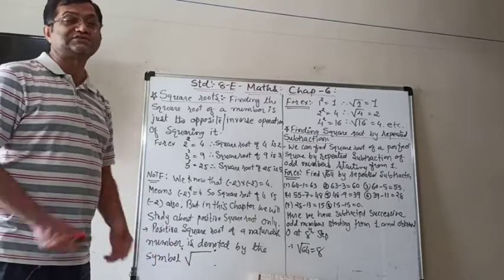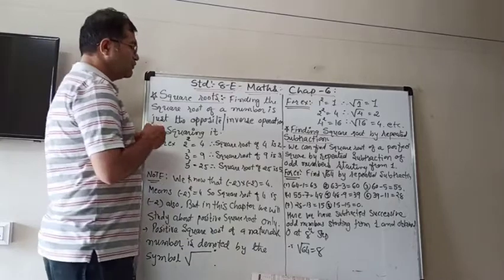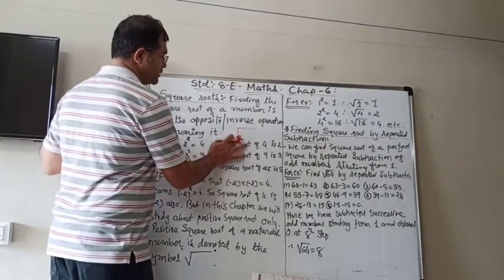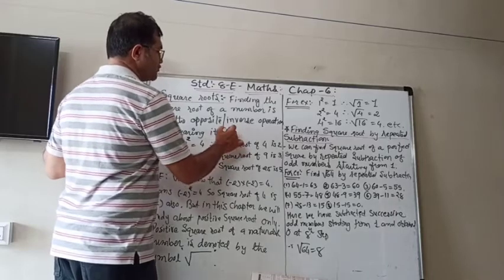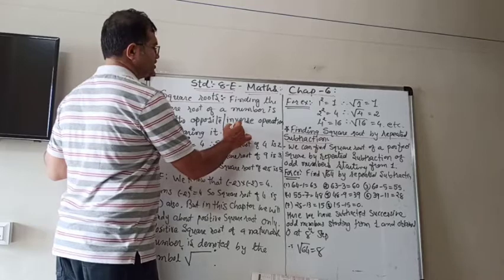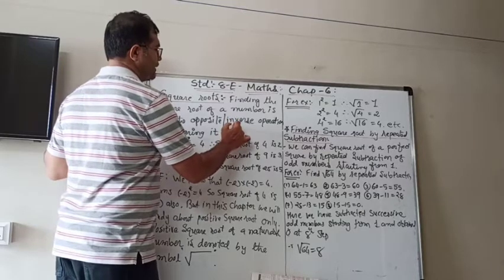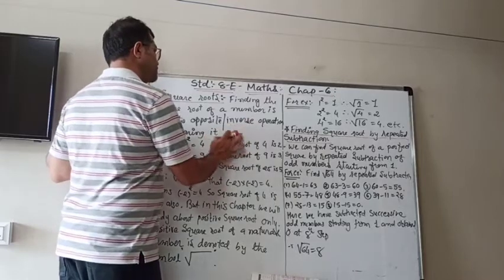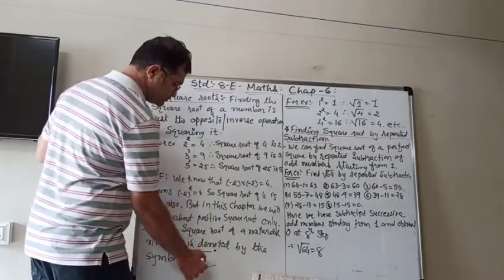It looks like division, but in division we write it differently. Here we write it like a V, then extend it a little up, and you write this. So that is the symbol for the square root.